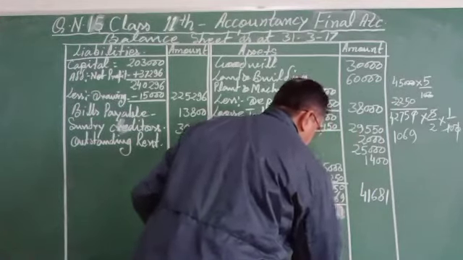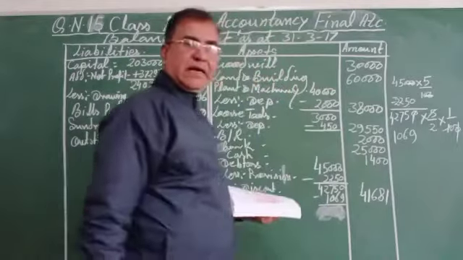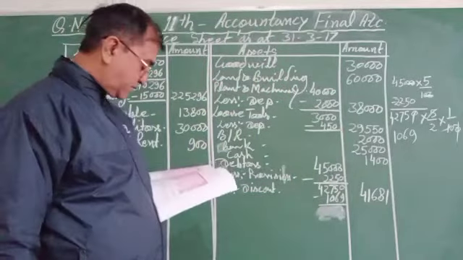Just write it over here. Now you can see that will be the amount of debtors.